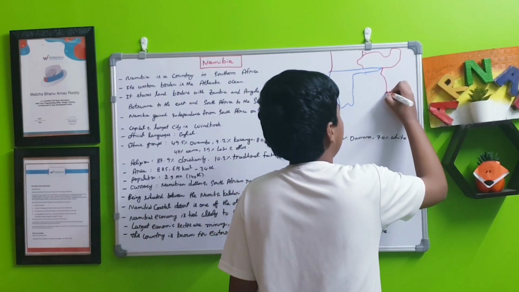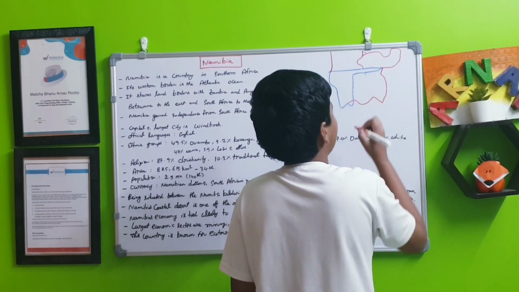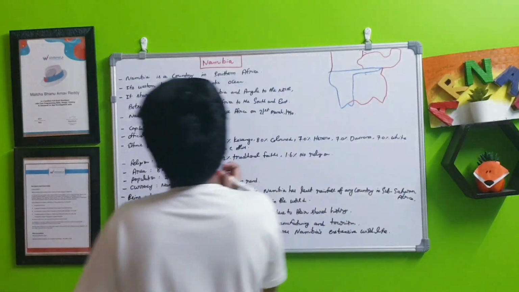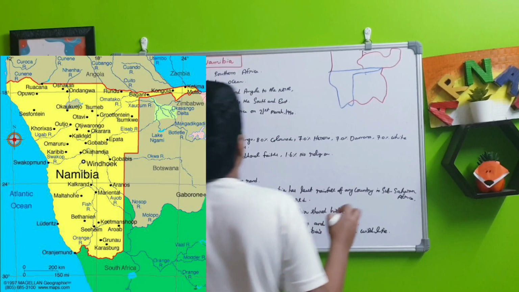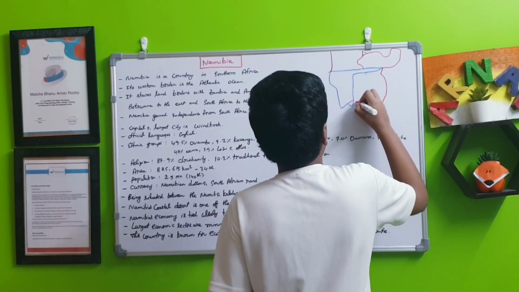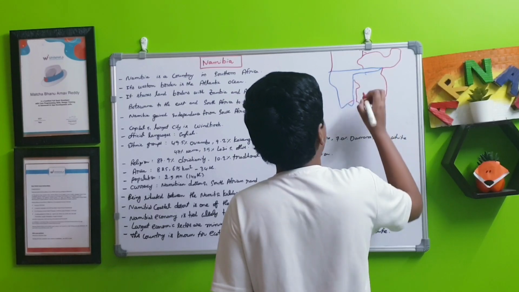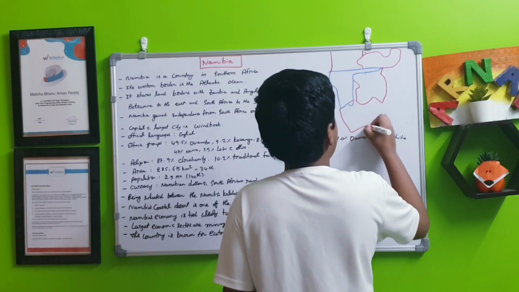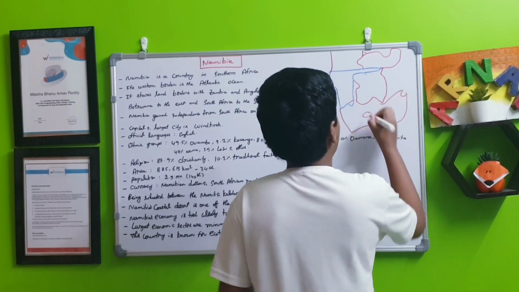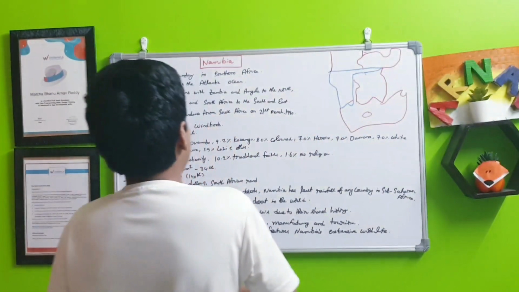I don't know exactly how to draw Botswana, so that's how I draw it. And finally South Africa to the south and southeast. Here there's a bit of a cut, and South Africa extends a bit here. Next, South Africa goes like this, and that is South Africa.